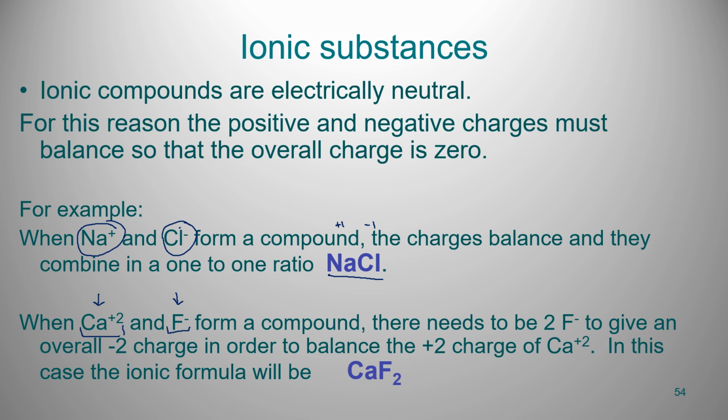They have to be neutral. So we're going to need two F's, because each F is negative. That will give me an overall -2 charge to balance the +2 charge. So this is what my formula will look like: there'll be 2 fluorines for every 1 calcium.